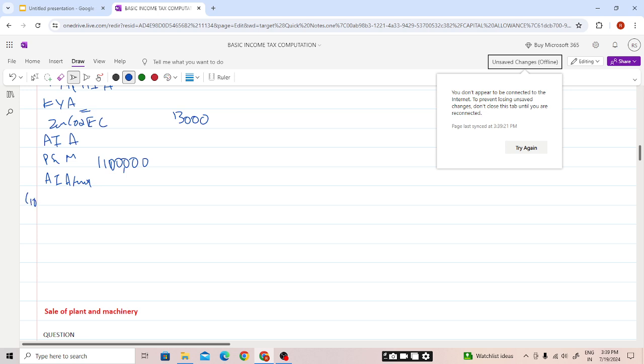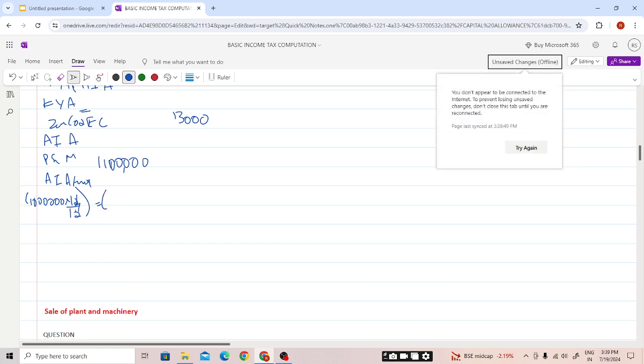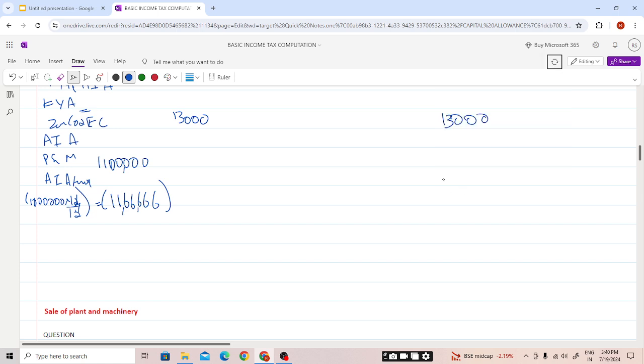The limit now will be 1 million divided by 12 into 14, which will be 1,166,666, and this is within the limit, so the full amount will qualify for AIA. I hope this is clear, students.